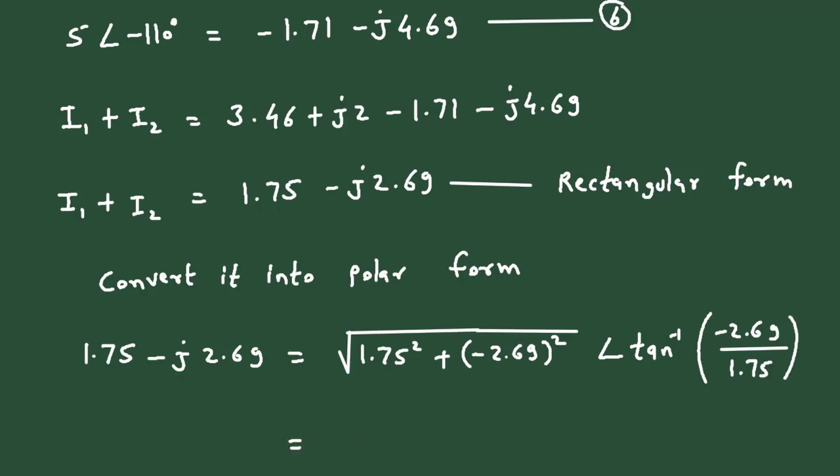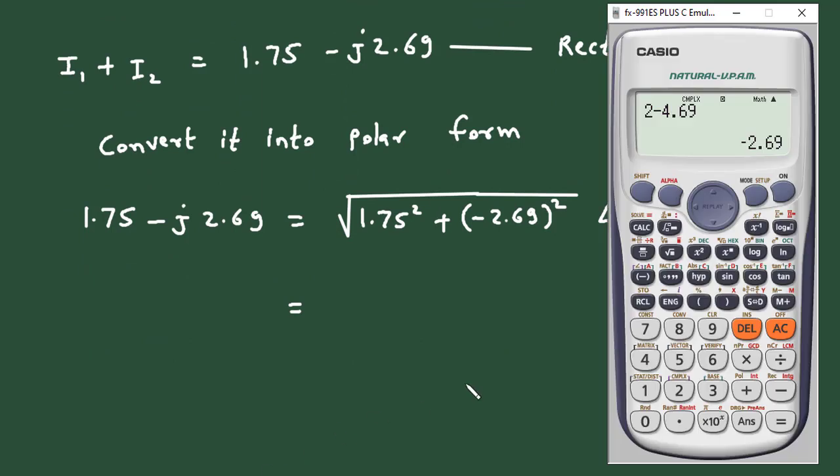So if we solve this, we get under root of 1.75 square plus in bracket minus 2.69 square.